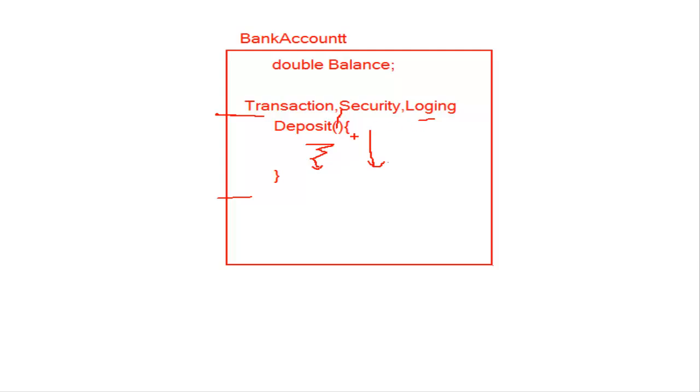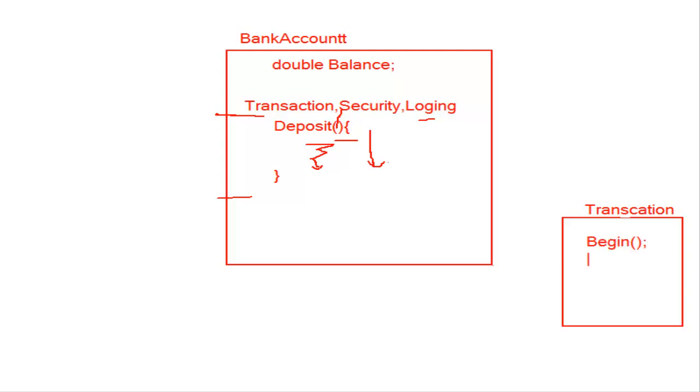One way is, either inside the deposit or before the deposit, you call some other method. So here you may say that there is one more class called transaction, and there is a method called begin transaction and commit transaction and so on.